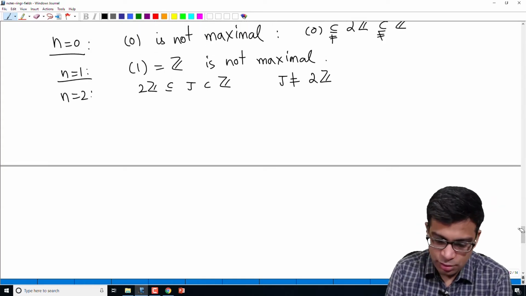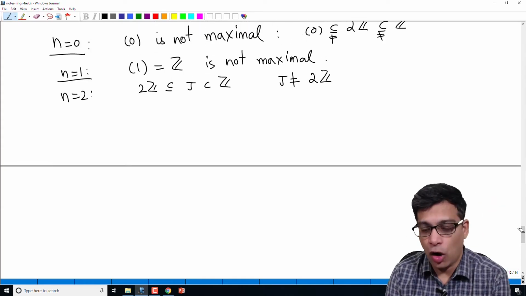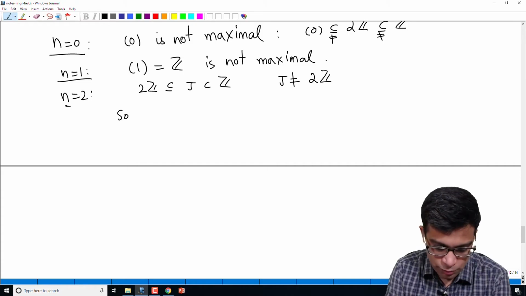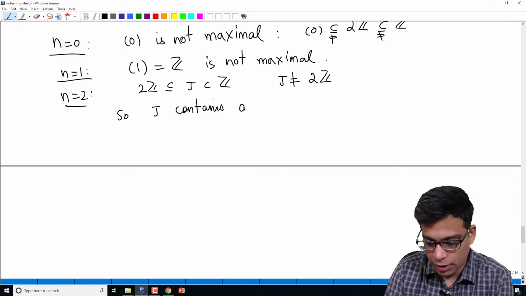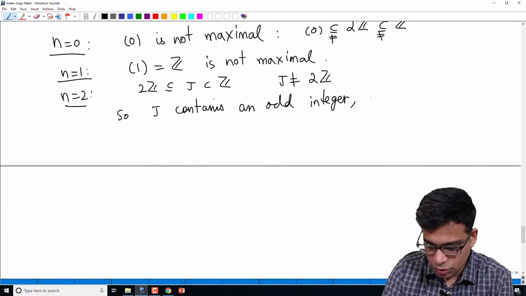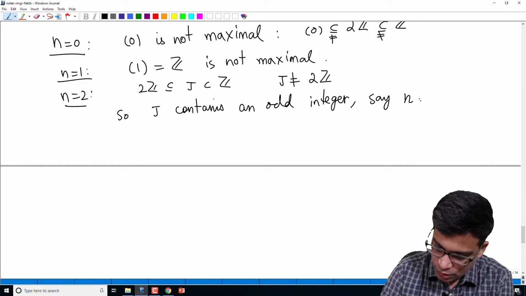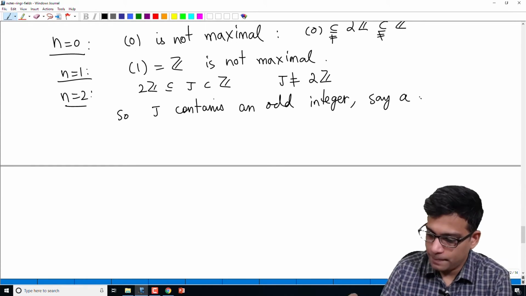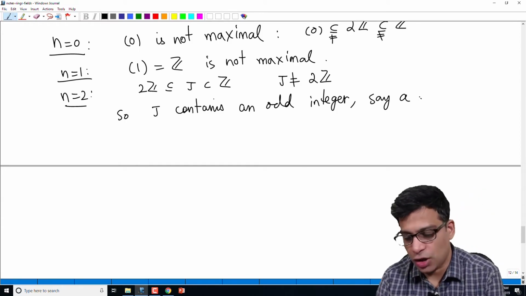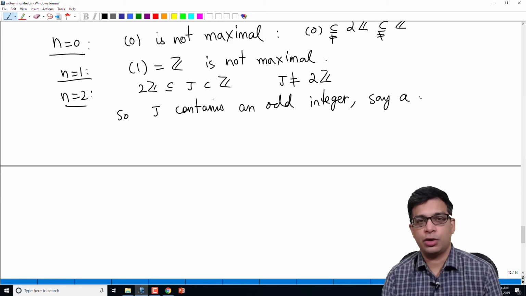Then that means J contains an odd integer, say a. Because J is not equal to 2Z, and remember 2Z is the set of all even integers.